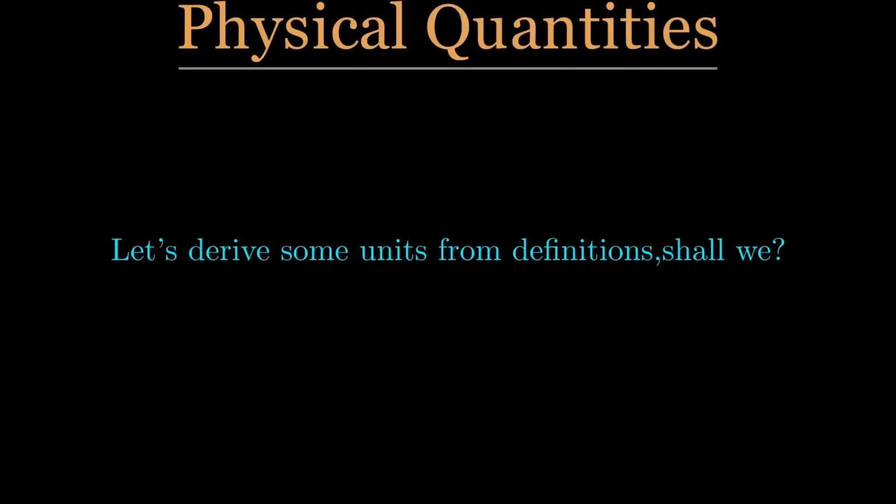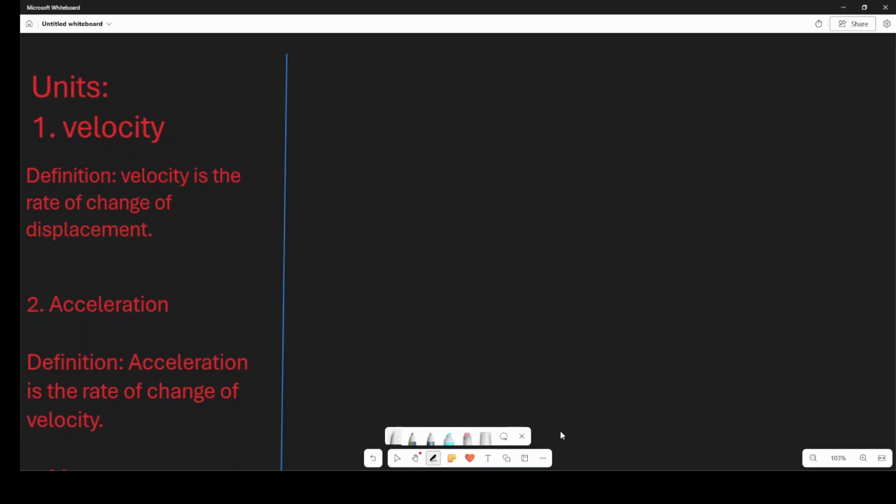SI base units. So before we go further, let us do some exercises to derive some units from definitions. Right, let's look at the process of determining units from definitions. We will start with determining the units of velocity using the definition for velocity, which is rate of change of displacement.